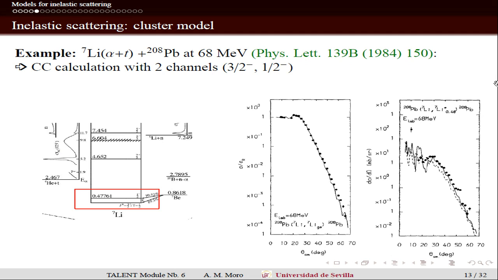And so we can, in this cluster model, describe these two states, assuming that these are two clusters that are coupled with L equal 1 to produce this quantum number. I say L equal 1, why not L equal 0 or L equal 2? Could they also contribute here in this model or not?